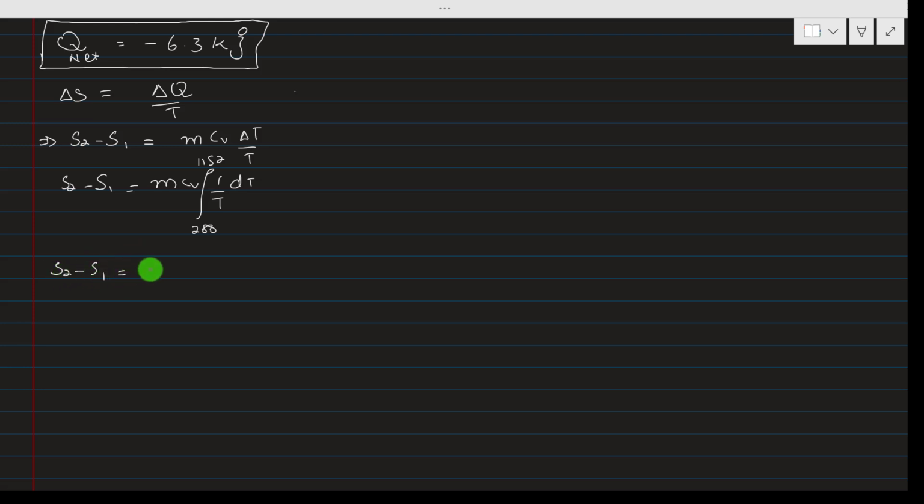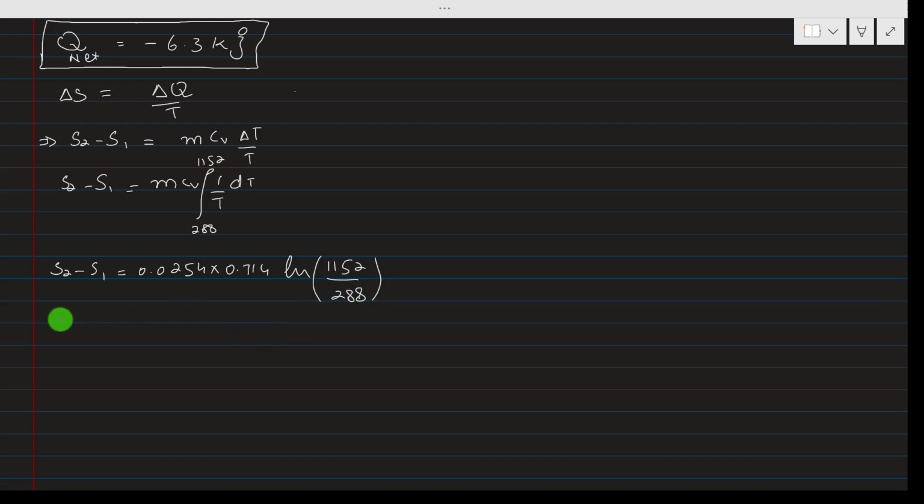What is the m value? That is 0.0254. What is the Cv value? That is 0.718, and then after integration apply the limits. The upper limit is 1152, the lower limit is 288.